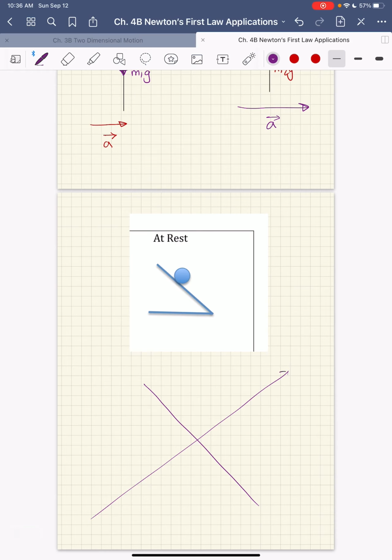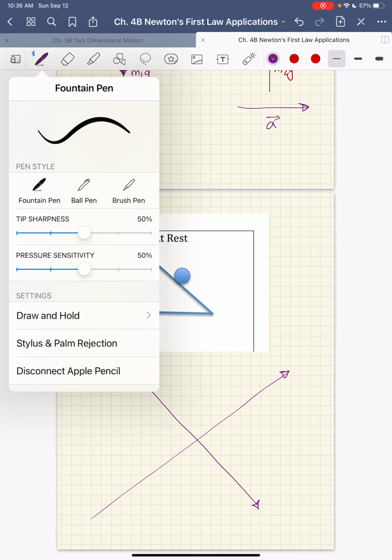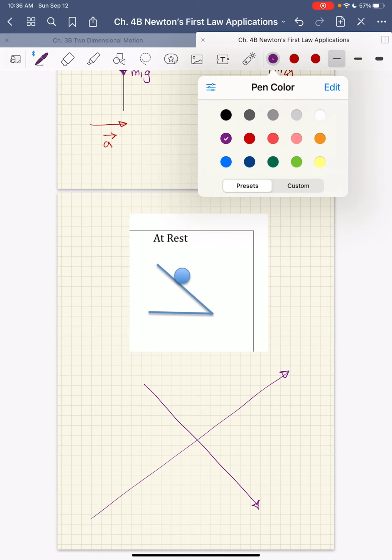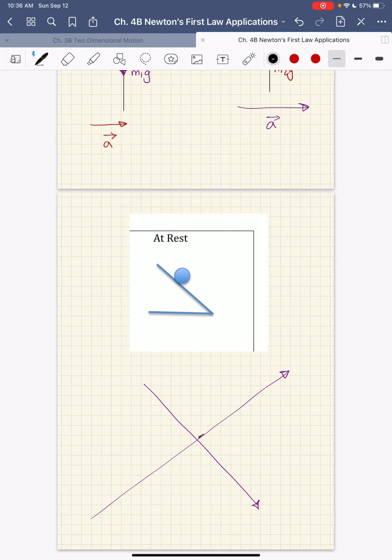axes. Okay, the normal is going to be perpendicular to the surface, then it's going to be normal. Let's assume again this is 30, then I will have the weight here, mg, and that is 30 degrees.